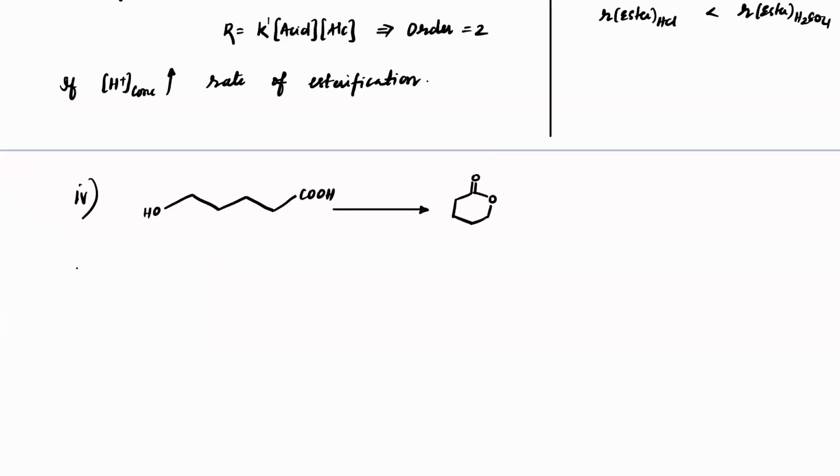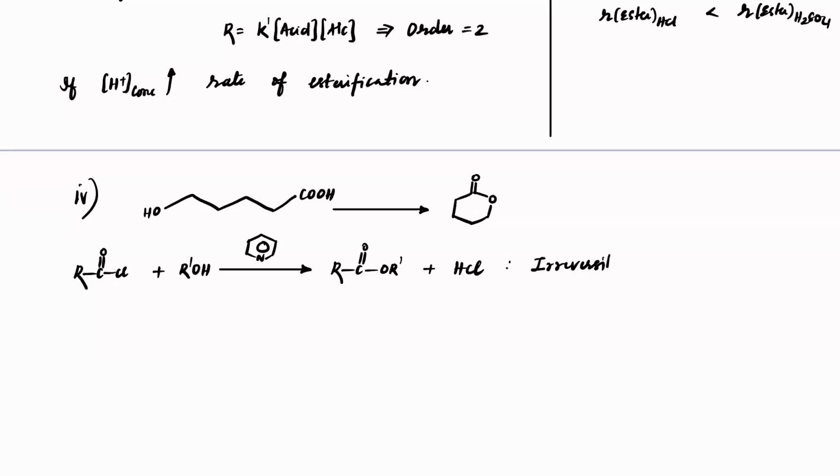Similarly, if you have RC double bond OCl with R dash OH with pyridine, that will also convert into RC double bond OR dash plus HCl. Now this time it is irreversible.